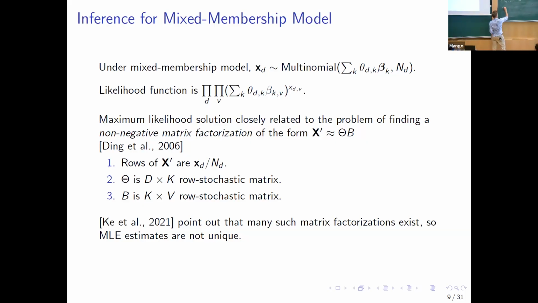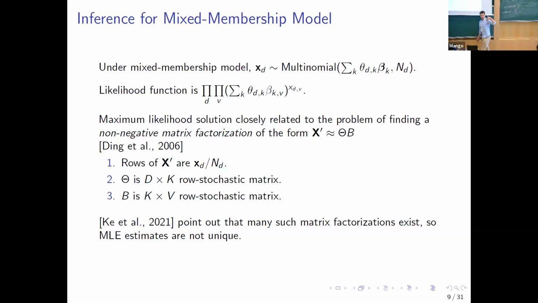So if xd is drawn from a multinomial with beta and nd, the likelihood was the product over all the vocabulary terms of the probability that that vocabulary term showed up in a document, exponentiated to the number of times that vocabulary term showed up in the document. If you understood the pre-sessional material, I'm just recopying the likelihood function.